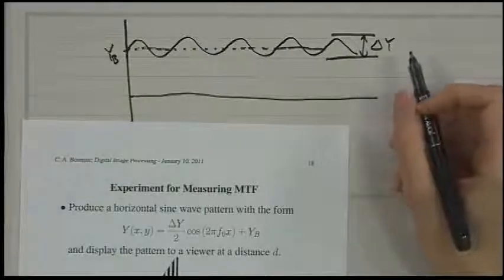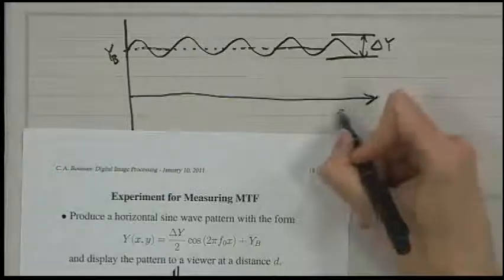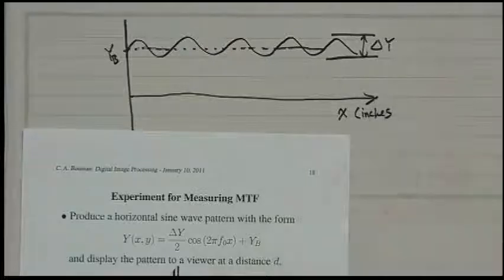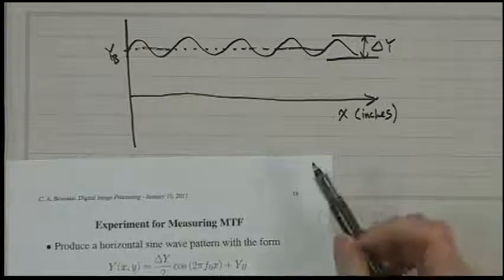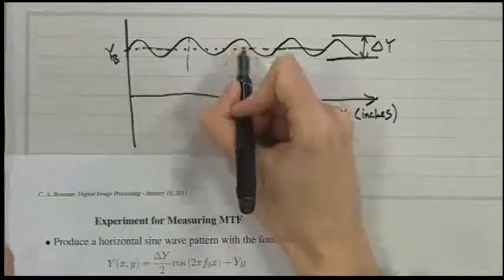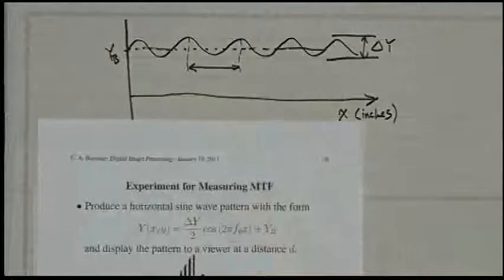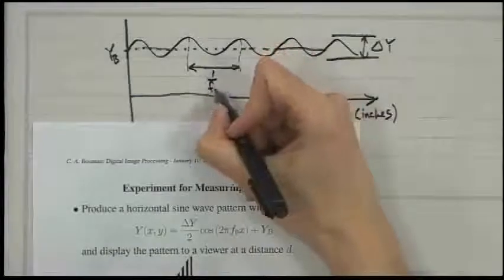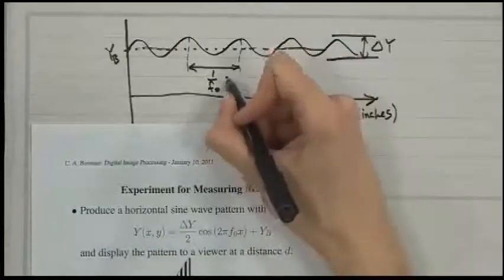Okay, and this is varying with space, so I'll call this x. This will have units of inches. And the period of this sinusoid will be 1 over f0 here, and that has units of inches as well.